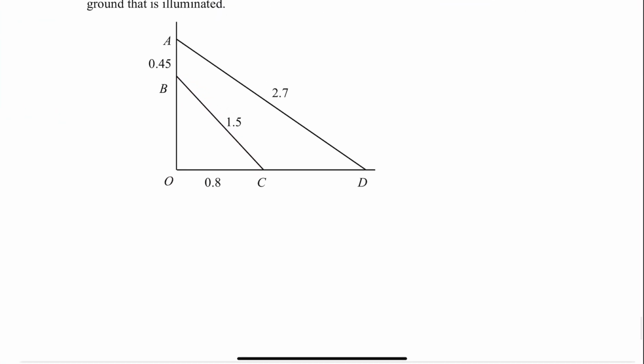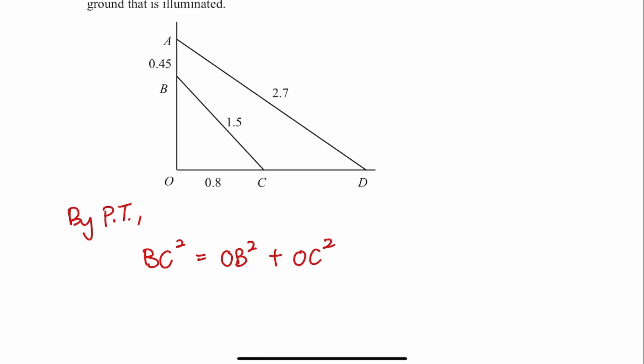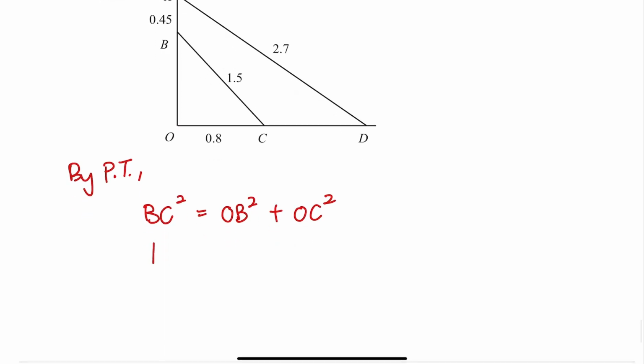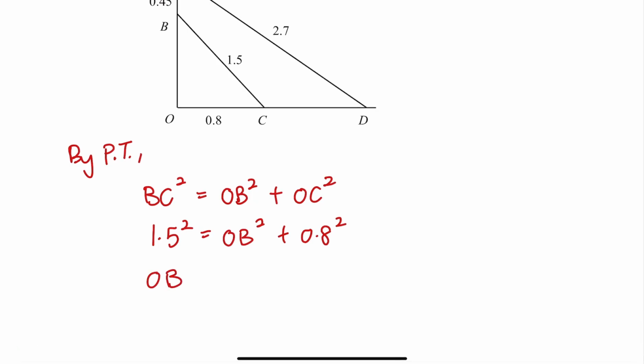So by Pythagoras theorem, BC square is equal to OB square plus OC square. This is in the small triangle first. Then now I sub in the values. So 1.5 square is equal to OB square plus 0.8 square. Therefore, OB square is equal to 1.5 square minus 0.8 square.